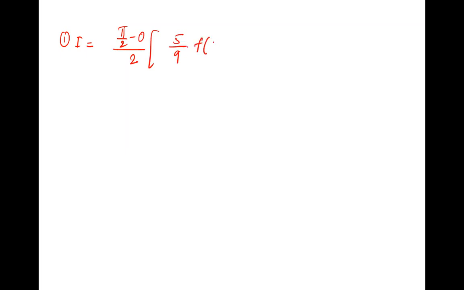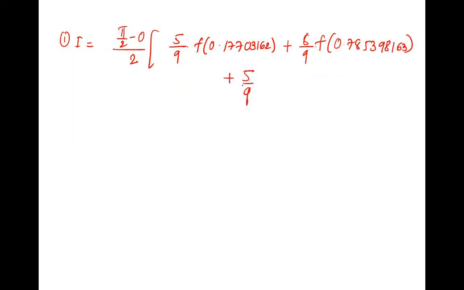What did you get? 0.17703162 something, plus W2, which is 8 by 9, into F of T2, 0.785398, plus W3, 5 by 9, into F of T3, 1.393764.